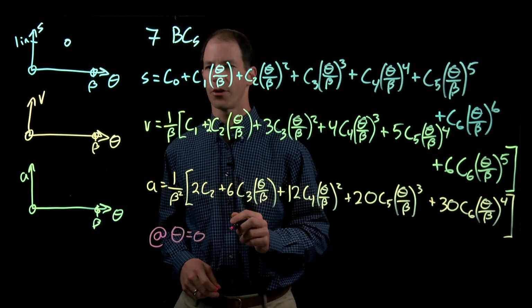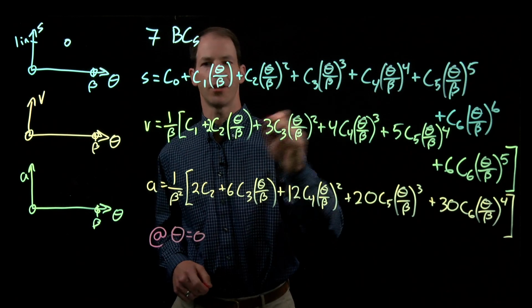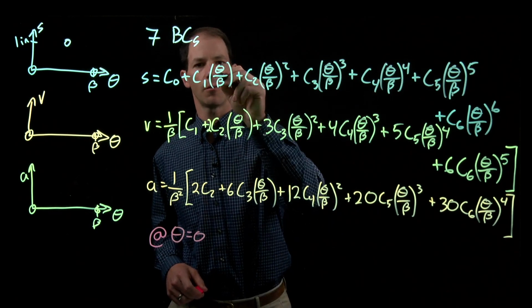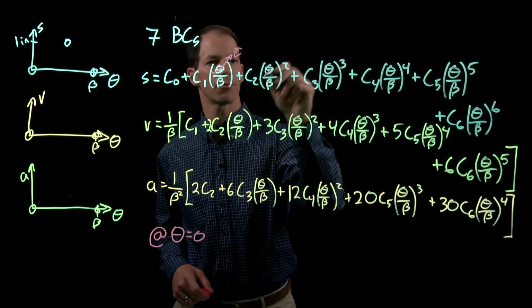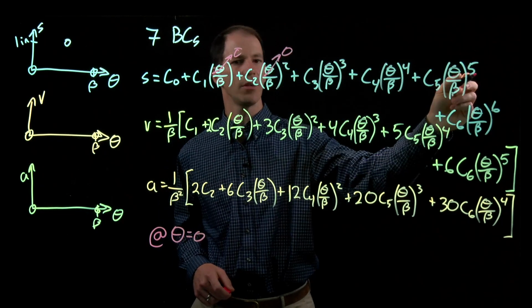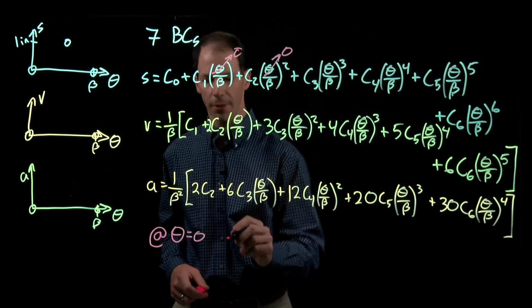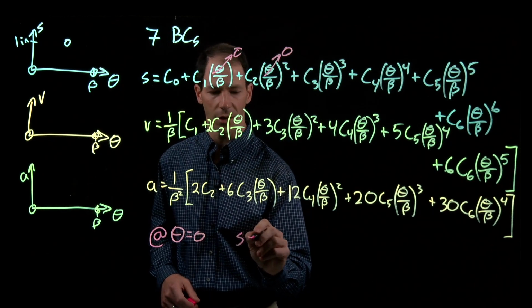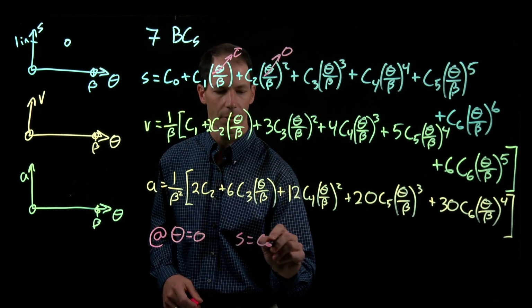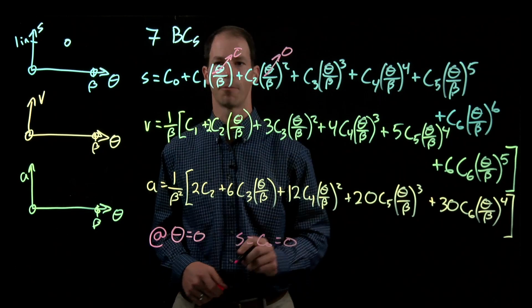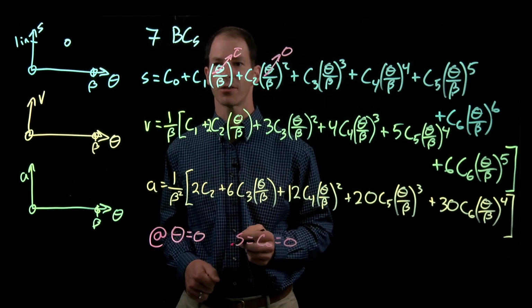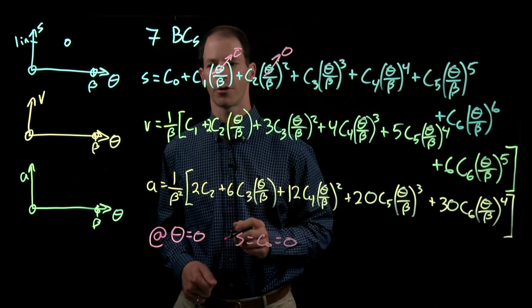When theta is equal to 0, I can look at this first position equation and say, all right, let me set theta equal to 0, and so on. So all of these other terms, C1 through C6, disappear. At that condition, I get S equal to C naught, which is equal to 0. So right away, we can say that my C naught is equal to 0.